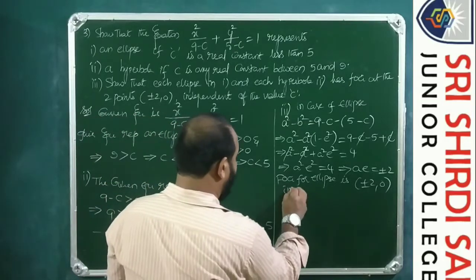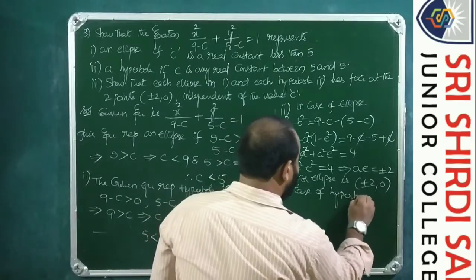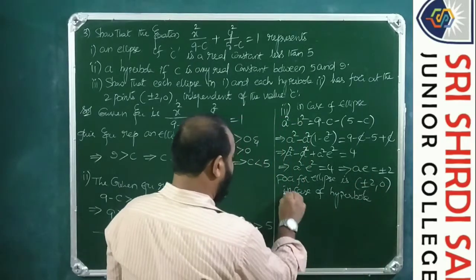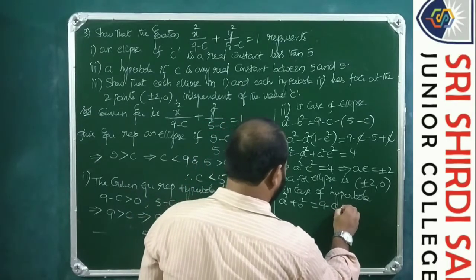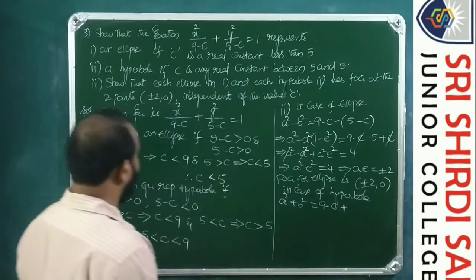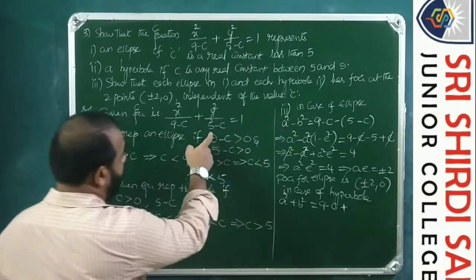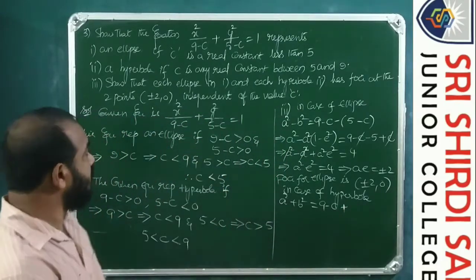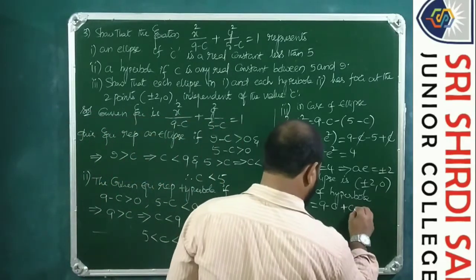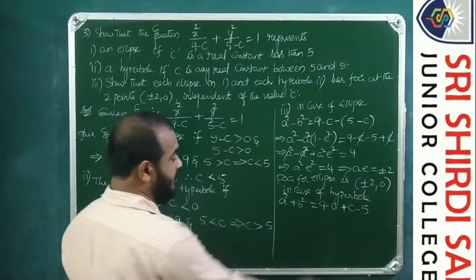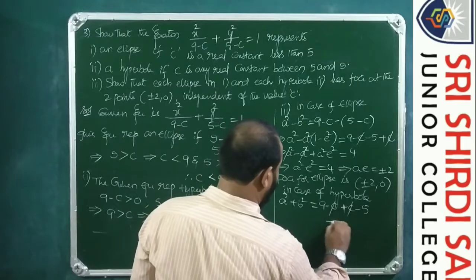And in case of hyperbola, a square plus b square is equals to 9 minus c plus b square, which is 5 minus c here. B square is c minus 5 because this should be less than 0, right? So this is c minus 5. C gets cancelled. This is equals to 4.